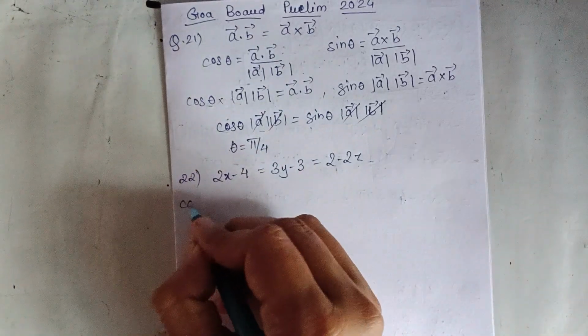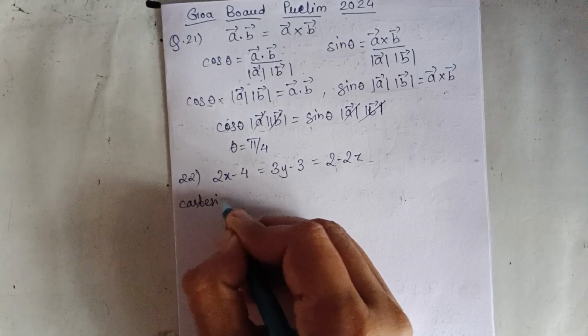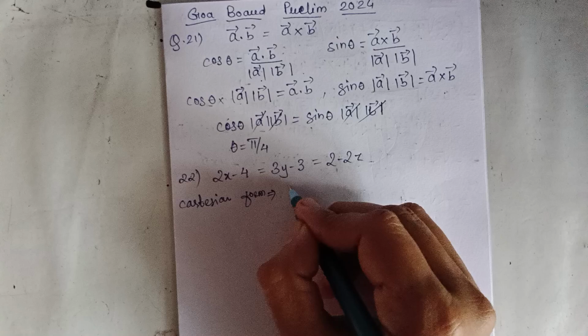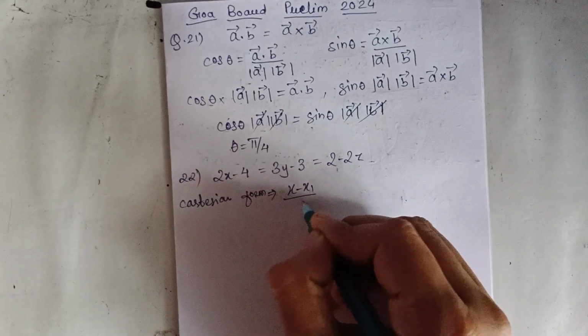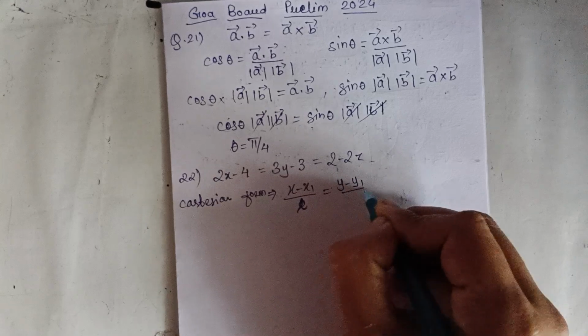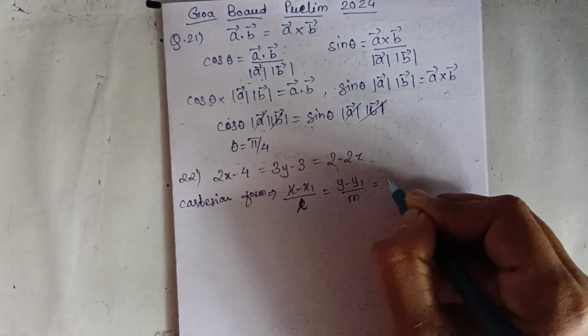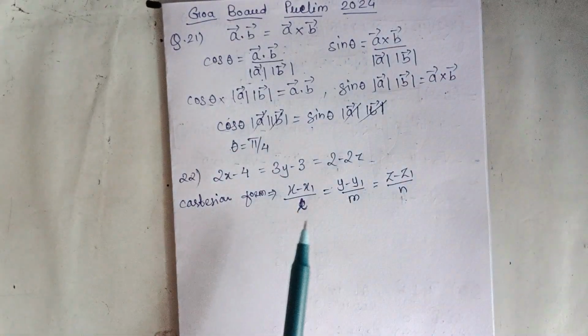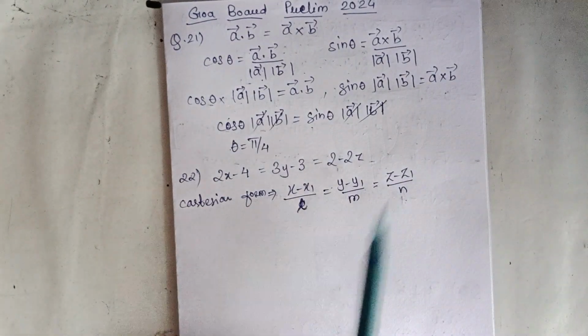So Cartesian form in general is given by x minus x1 upon L, y minus y1 upon M, z minus z1 upon N. Okay, so we have to write this equation in this form.